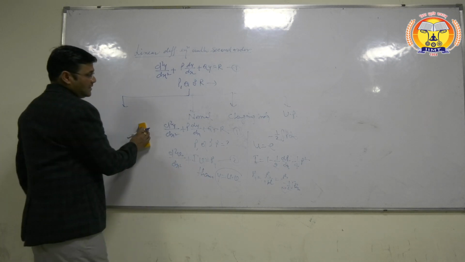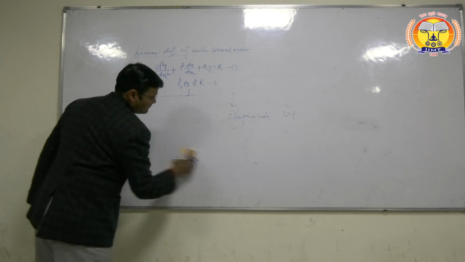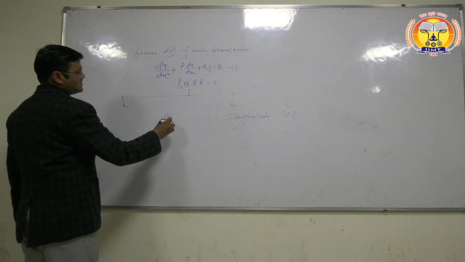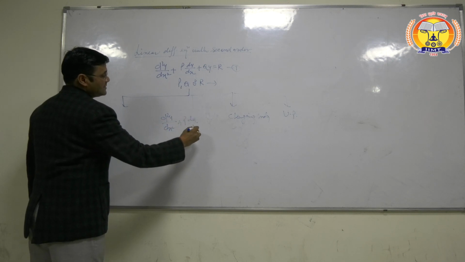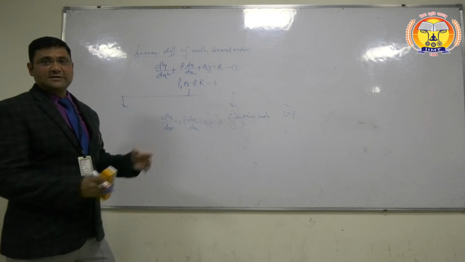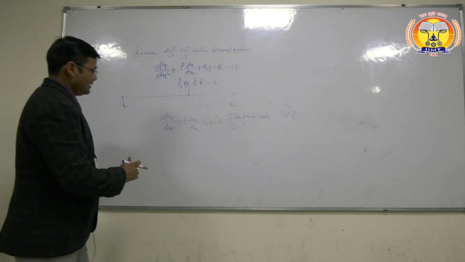Now we go to the third case, that is changing of independent variable. Again the equation of second order, d²y/dx² + p dy/dx + qy = r.